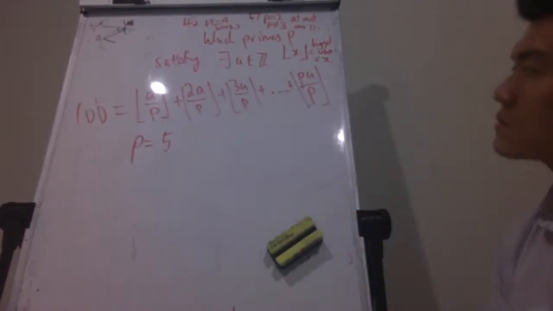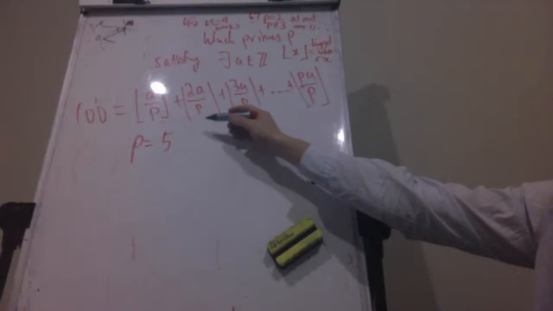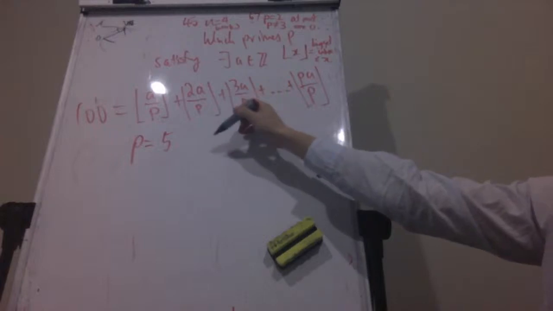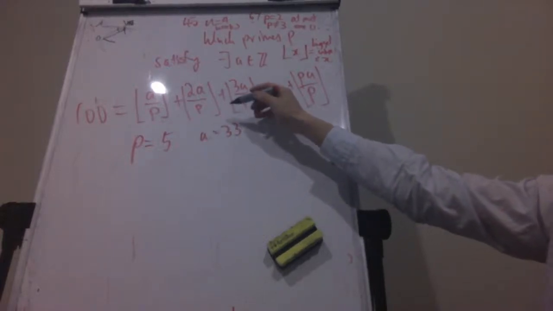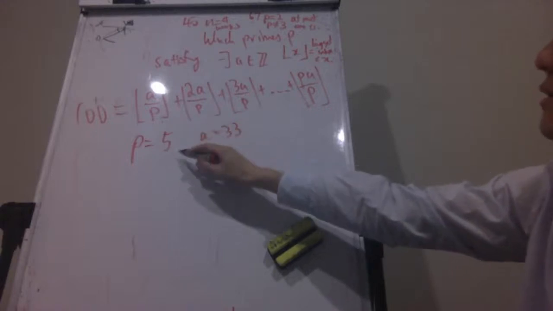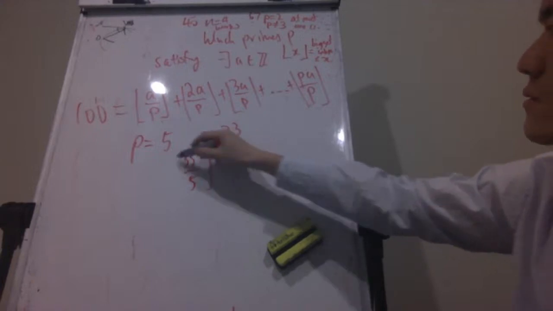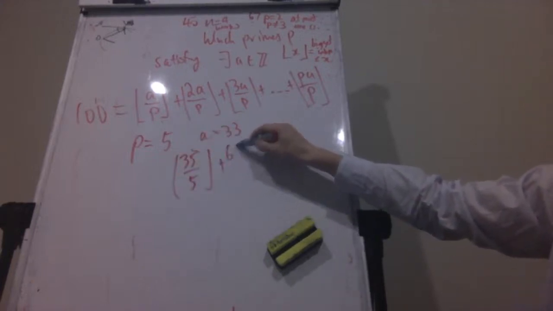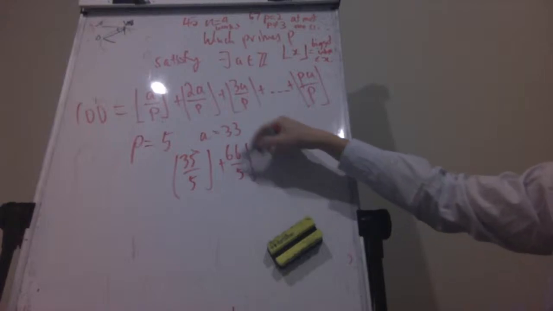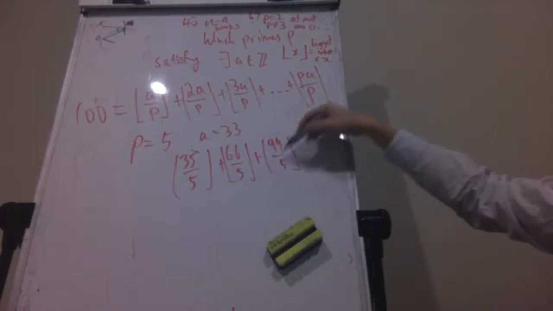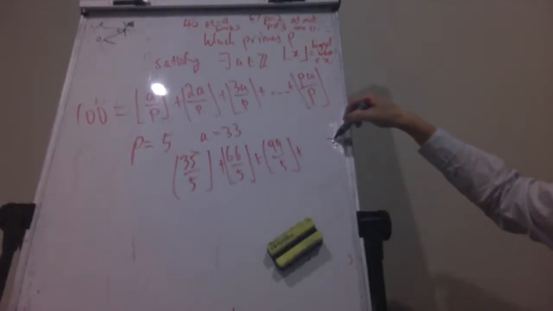So that means A is less than 50, because they should be like a third of 100. You get A over 5 plus 2A over 5 plus 3A over 5 plus 4A over 5 plus A. So like A equals 33, for example. So you have 33 on 5 plus 66 on 5 plus 99 on 5 plus 132 on 5 plus 33 at the end.